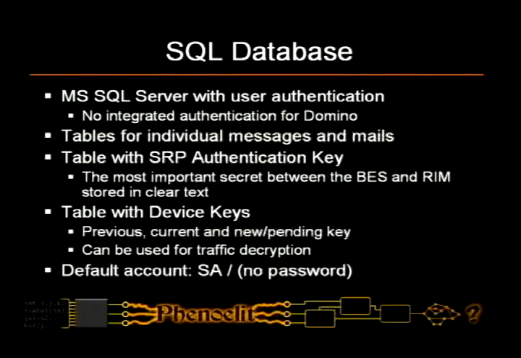So if you have access to the database, then you can read everyone's email. There is a table with the SRP authentication key sitting there in clear text. There's a table with all the device keys, which is the previous one, the current one, the next one. And you can use the device keys to decrypt the traffic, which we did, and it worked. And the default account is SA and doesn't have a password.